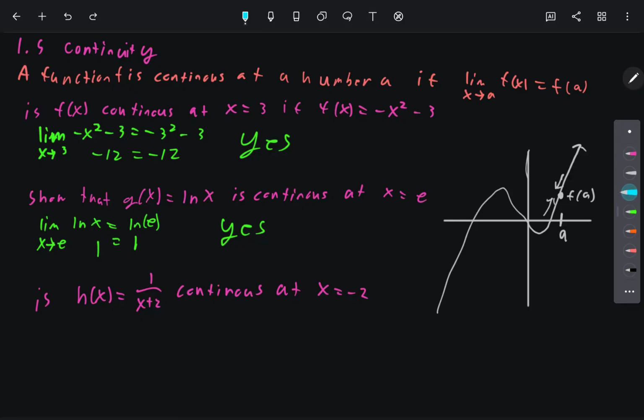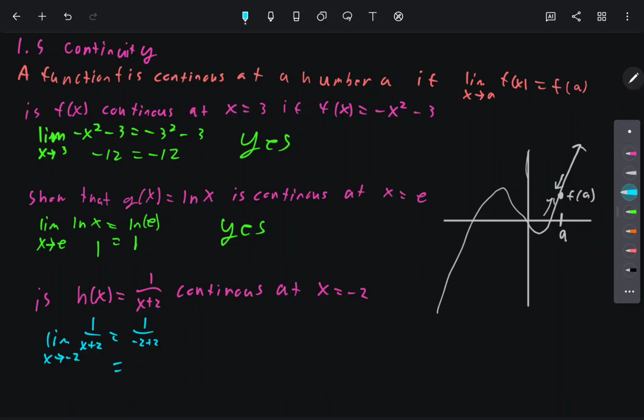So we can take the limit as x approaches negative 2 of 1 over x plus 2. And we want to know if that's equal to 1 over negative 2 plus 2. But wait, we have a problem. Whereas we might be able to define this limit somehow, this point here is undefined.